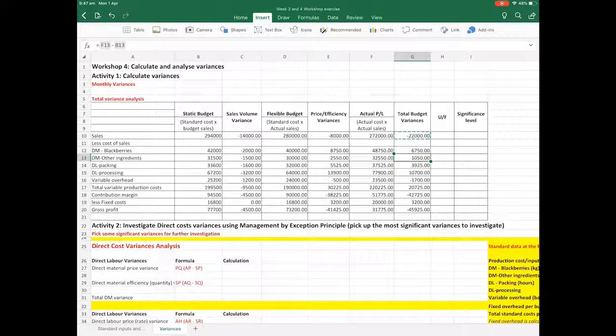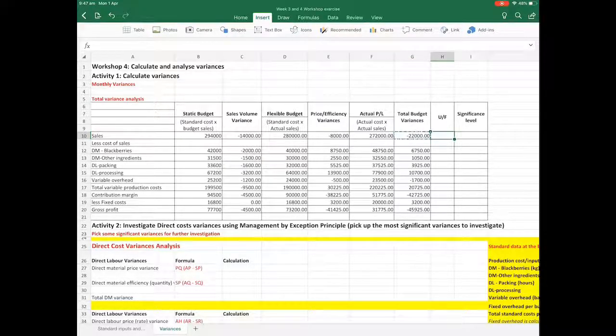If you look, this total budget variance is equal to the price or efficiency variance plus the sales volume variance. So the G column is equal to the E column plus the C column.